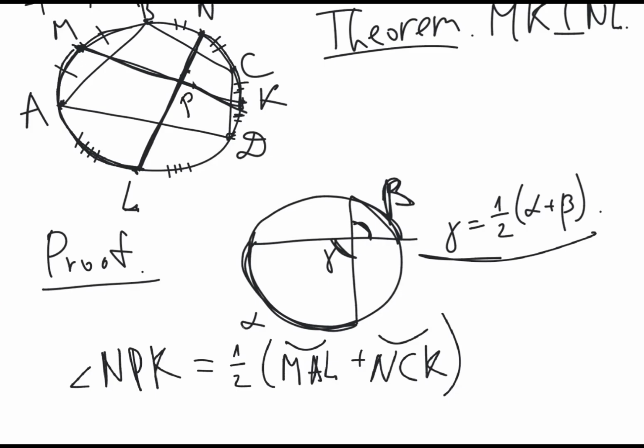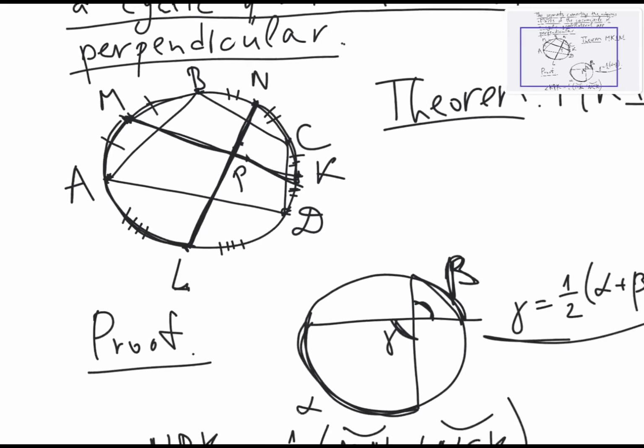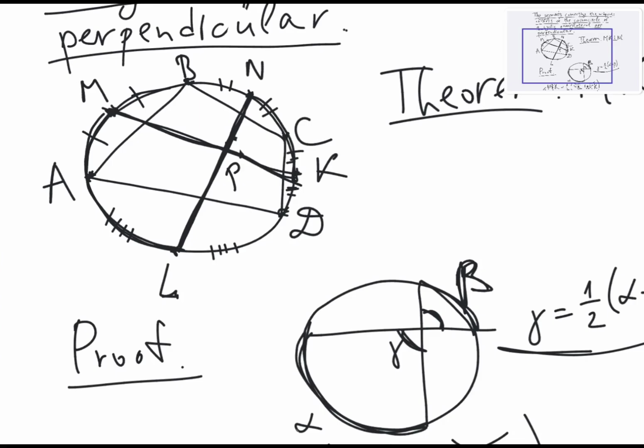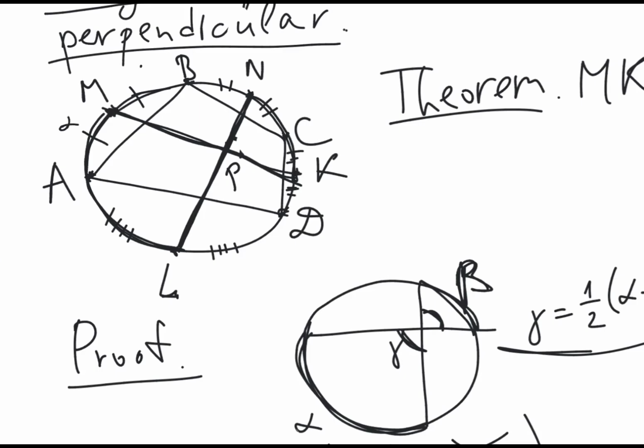And now basically let's denote the arcs. Let's denote this arc alpha alpha. So these are equal. So the arc AB would be 2 alpha.